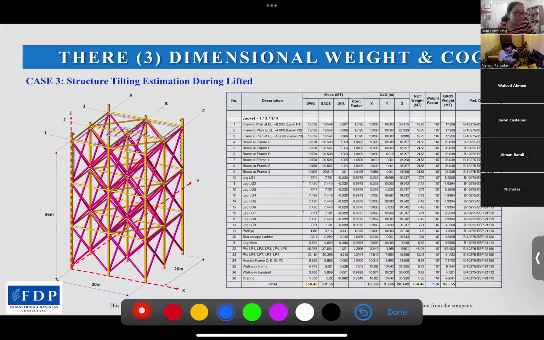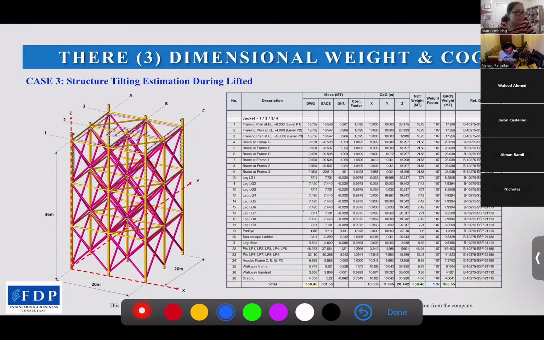And then we continue with the structure tilting estimate during lifting. I just want to show the effect or impact of the Z COG on our lifting arrangement. This is the same structure as before.